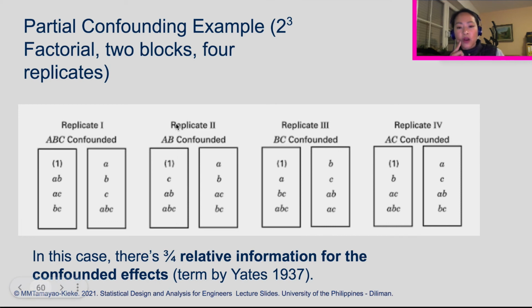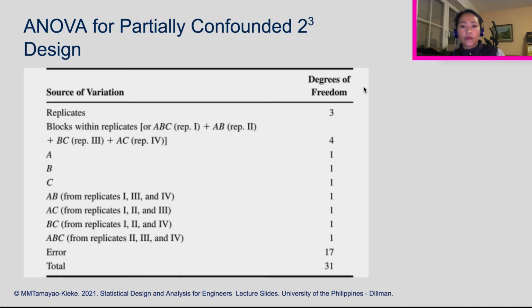Because for replicates 2, 3, and 4, for example, we can actually derive information about ABC because it is not confounded in these replicates. For AB, we have 3/4 relative information from replicates 1, 3, and 4, and so on. This shows us the ANOVA for a partially confounded 2 to the 3 factorial design. These are the sources of variation.